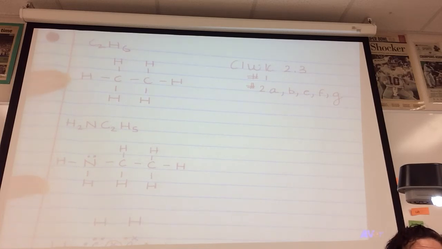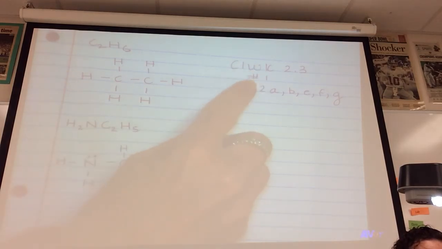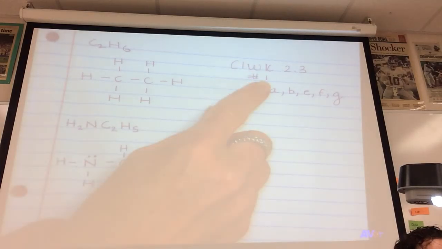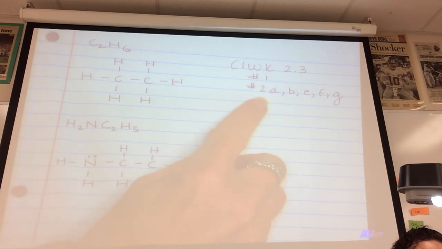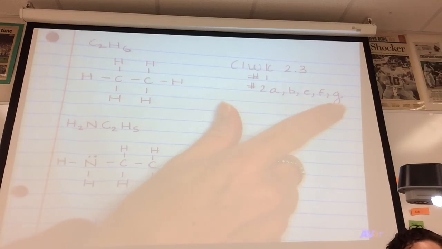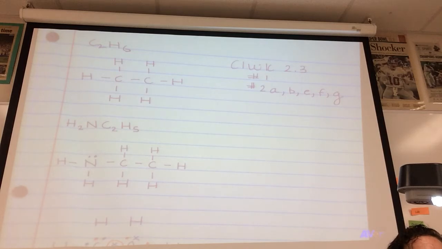Hopefully you're getting a feel for drawing. Like everything else in chemistry, it requires practice and a lot of it. Your classwork, number 1, dealt with the electronegativity differences and the different bond types. Number 2 is on drawing. Only do A, B, E, F, and G, because the other ones involve multiple bonds, and we haven't covered that yet.